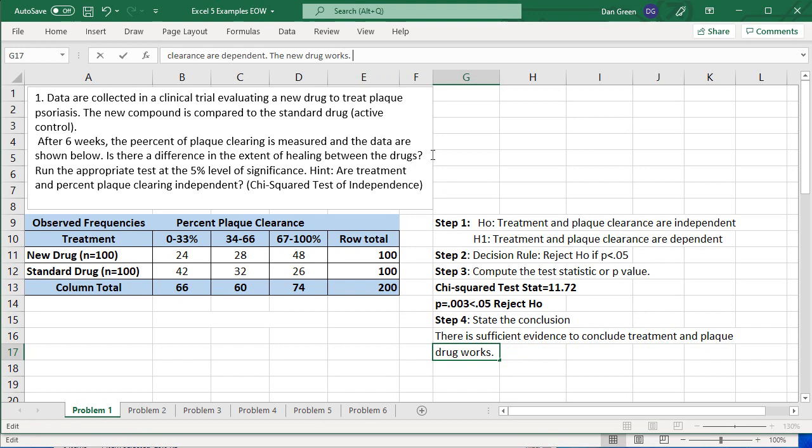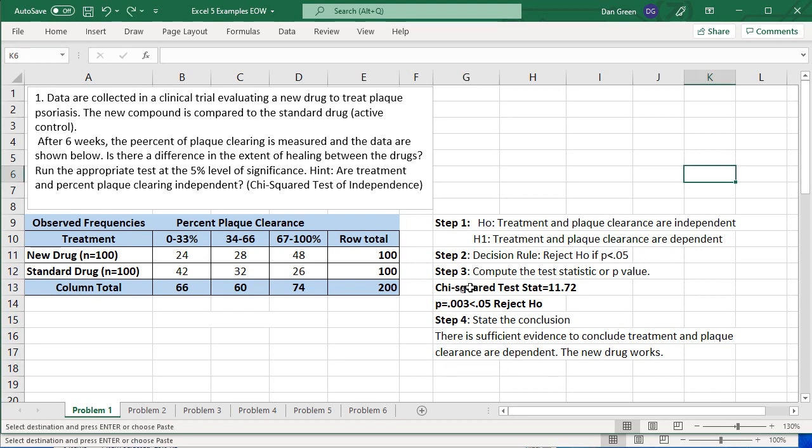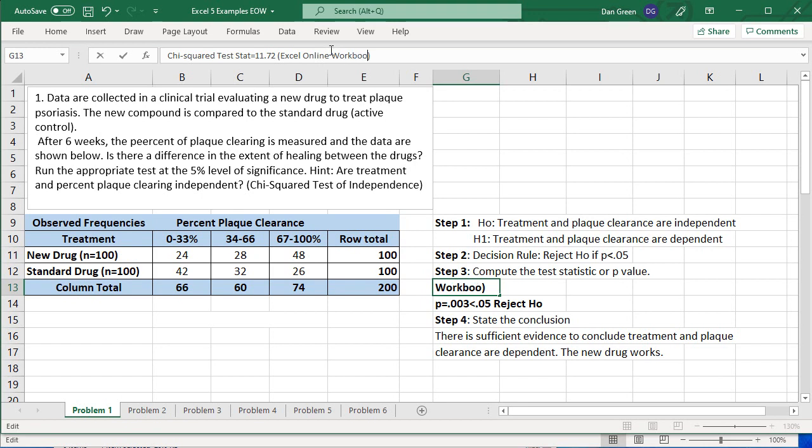If treatment and plaque clearance were independent of each other, they had no effect on each other, then the new drug would not be working. And if you would just let me know that your test statistic here was from the Excel online workbook, then I'll know how you got your results.